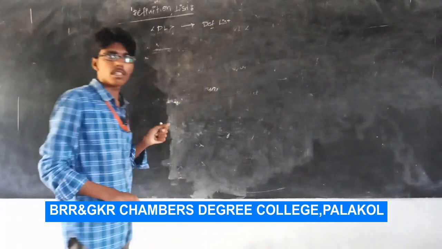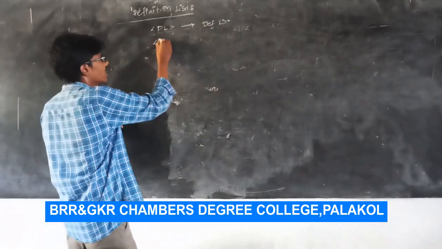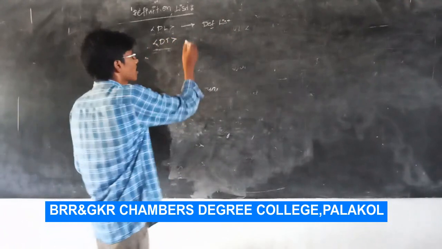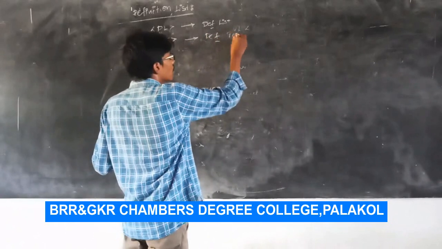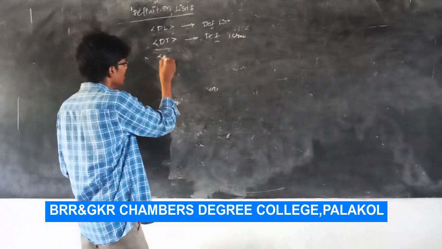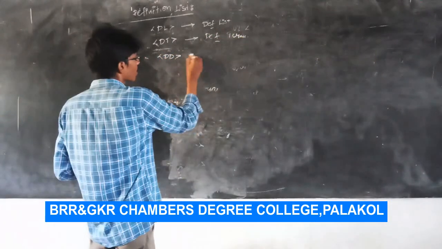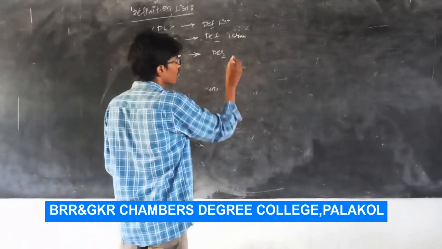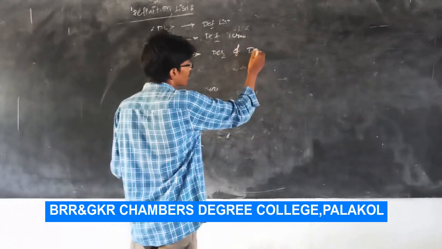Then there is a definition term, using the tag DT, meaning definition term. For those terms we have the description, represented as DD. The DD tag is used to represent the description of the definition term.